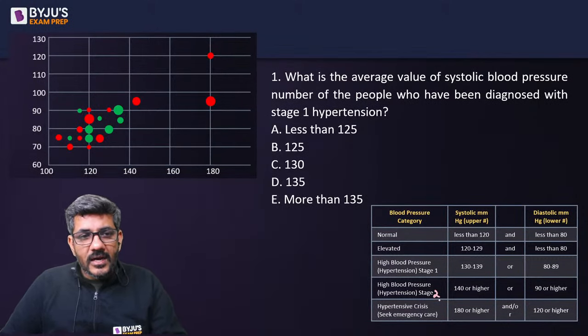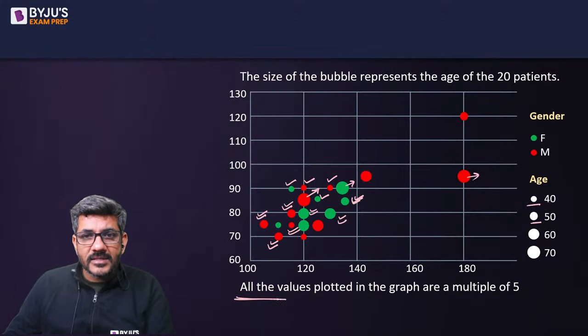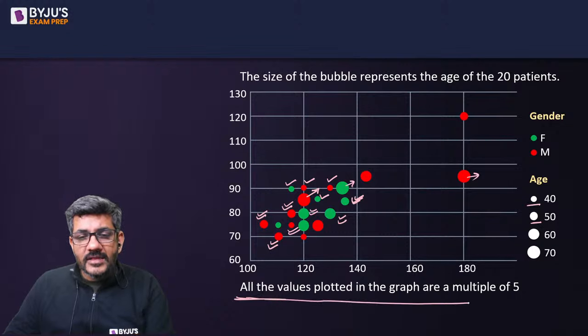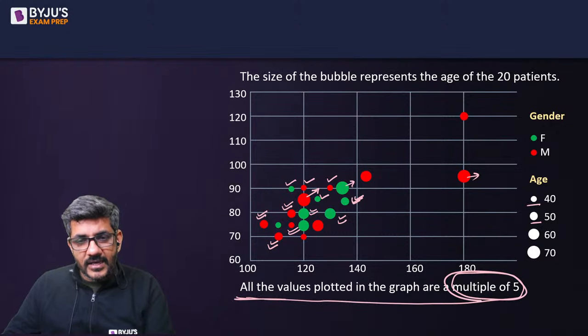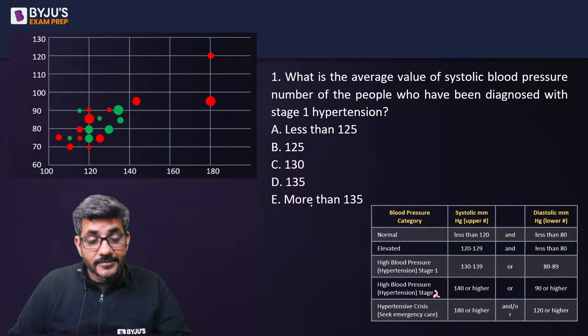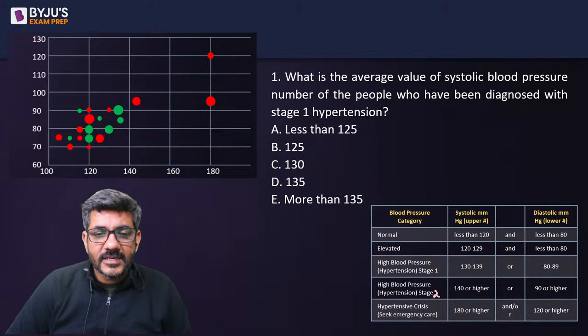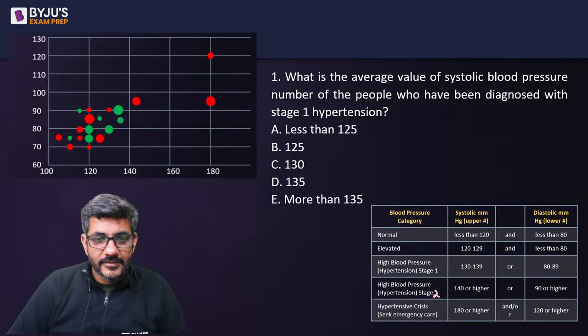People in stage 1 are 130 to 139 or 80 to 89. हाँ ये भी important रहेगा था मैंने बताना. All the values plotted in the graph are multiples of 5. ये भी ध्यान रखिएगा. All the values plotted are multiples of 5. ठीक है.